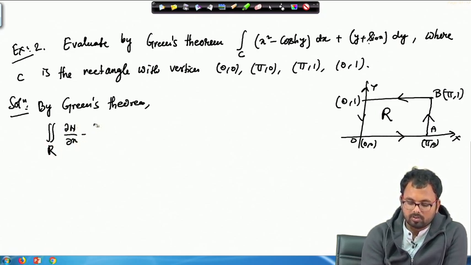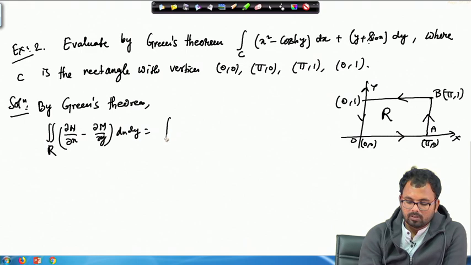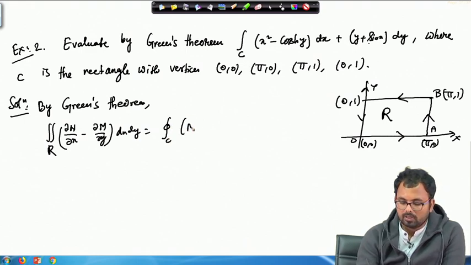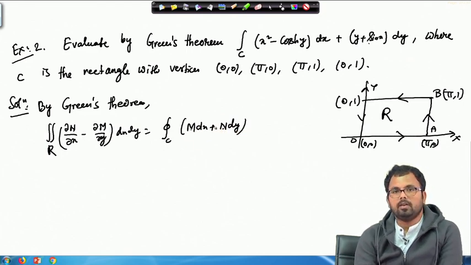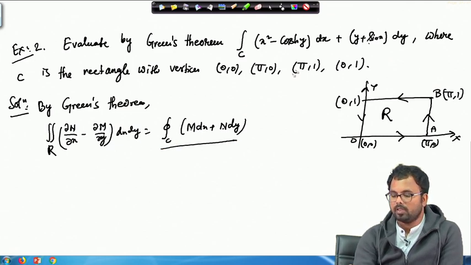When we use Green's theorem, this will be double integral of del n del x minus del m del y dx dy equals the line integral over c of m dx plus n dy. Since our m and n have continuous first order partial derivatives, I can use Green's theorem, and therefore this line integral can be converted into a surface integral, right.